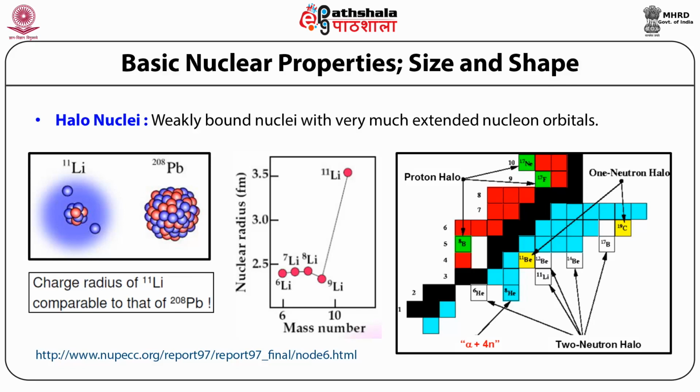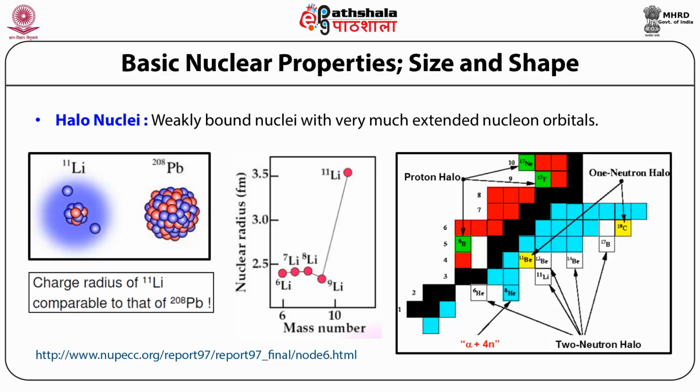We can see that for lower mass isotopes like 6 lithium, 7 lithium, 8 lithium, 9 lithium, the radius is almost constant and has a low value. But for 11 lithium, the charge distribution extends up to the value of 3.5 Fermi, which is quite huge. So 11 lithium is a special nucleus which is called the halo nucleus.